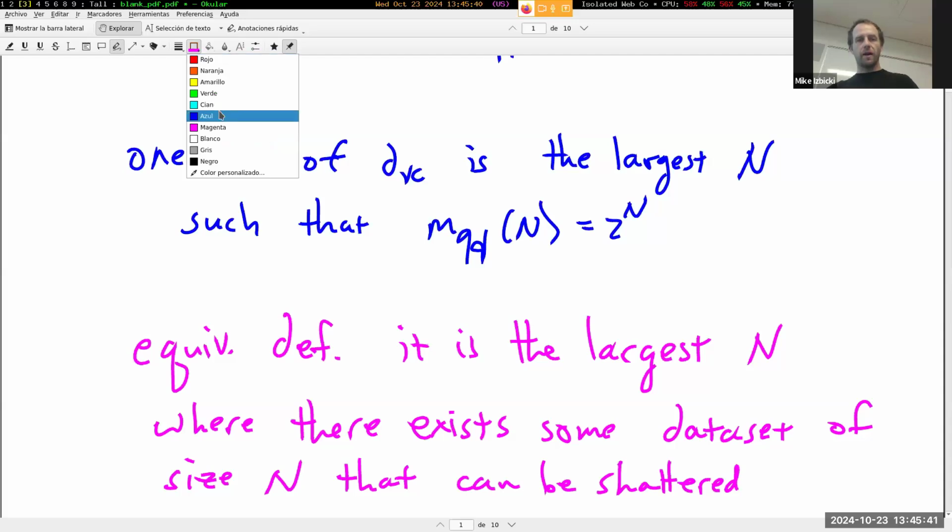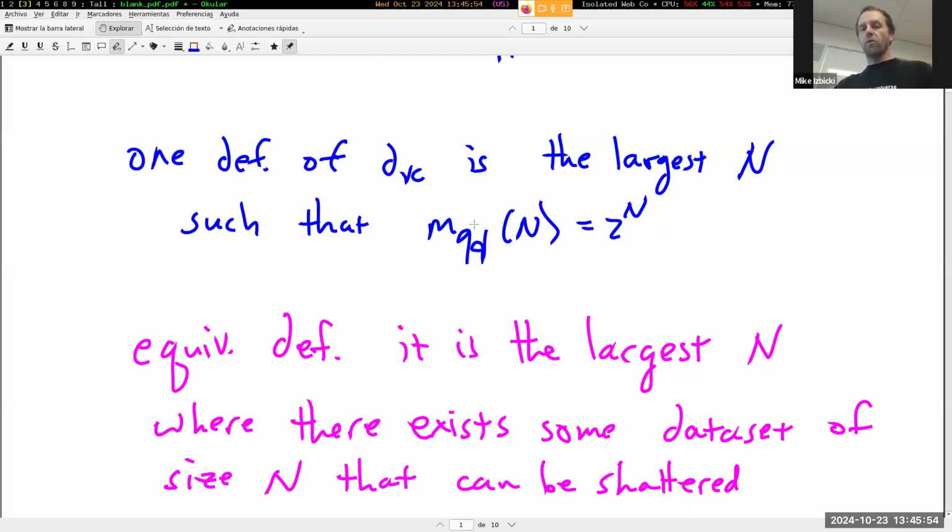And the key part about how this problem connects these two definitions together is that we're talking about not being able to shatter one data set, and how that impacts the growth function. Because this definition says there exists some data set of size n that can be shattered, just because we found some data set of size n that cannot be shattered does not mean that there is not some other data set of size n that could be shattered.